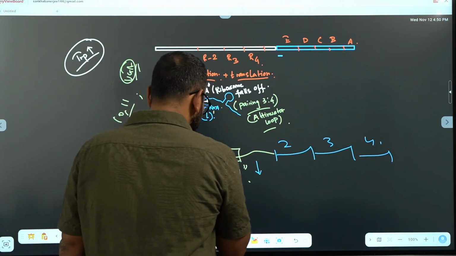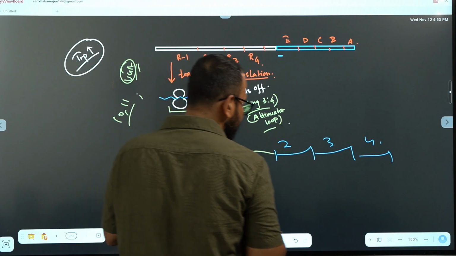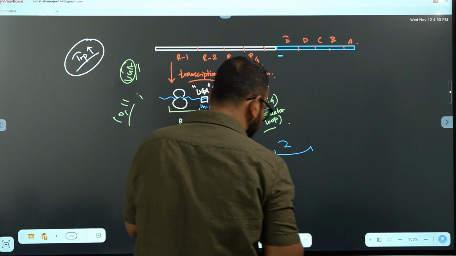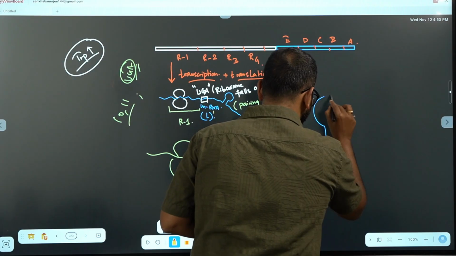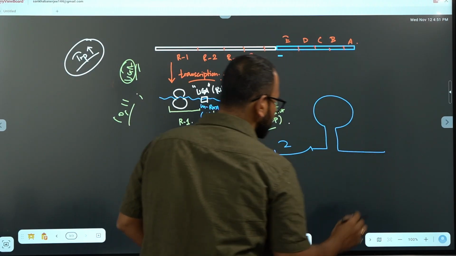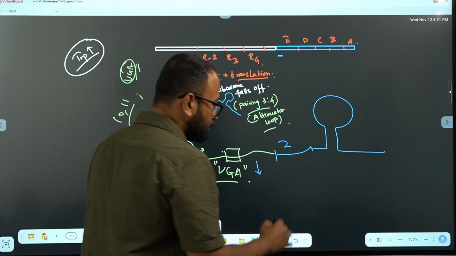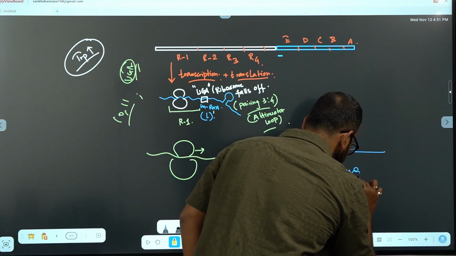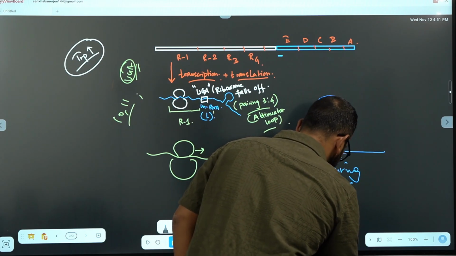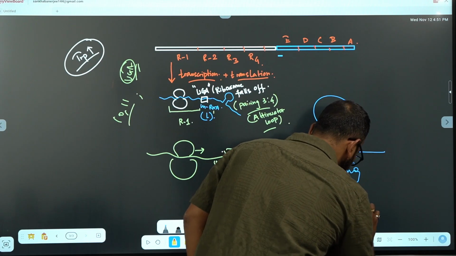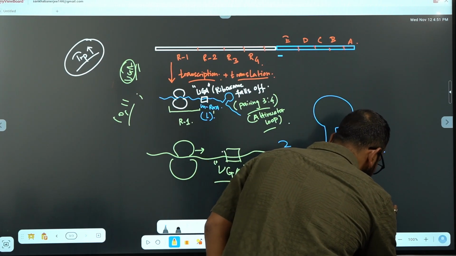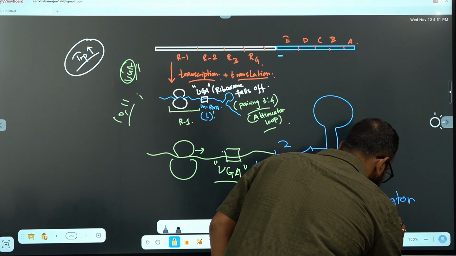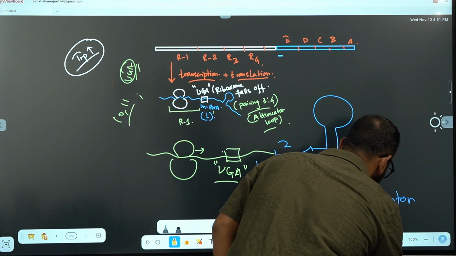That means this overall structure will be the same, but the sequence will change at 3 and 4. Here we will observe a stem loop structure. That means the first pairing occurs between region 3:4, and this is called our attenuator loop.